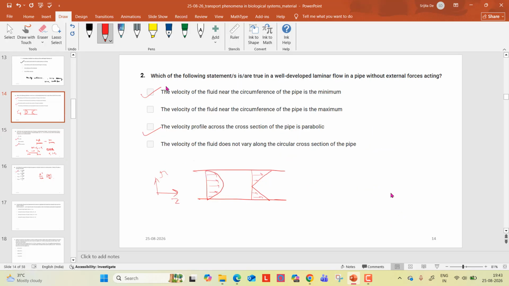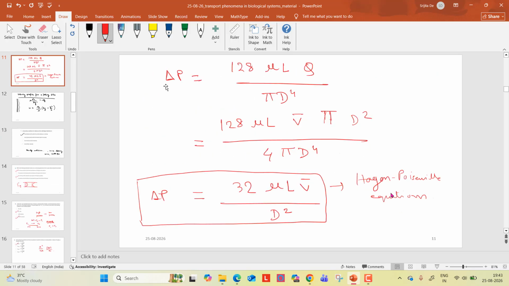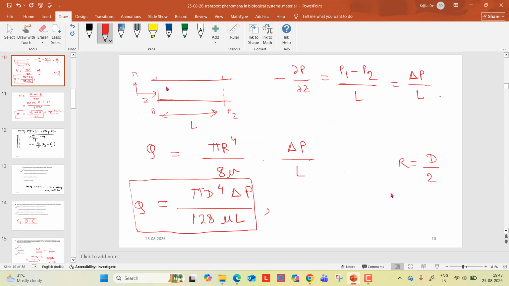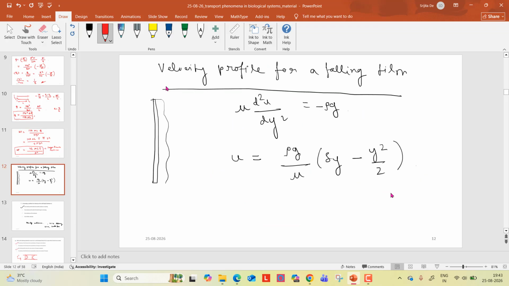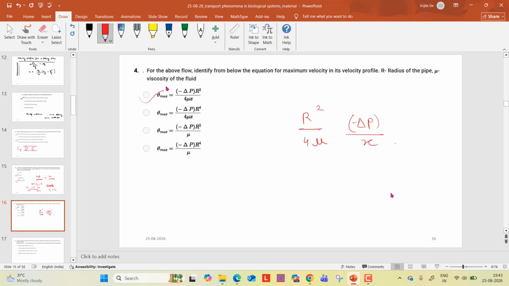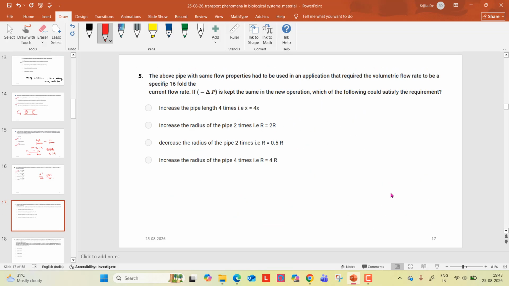So we have to know the expression of Q. So Q, we know it is pi r to the power 4 by 8 mu into pressure drop. Okay, del P. So delta P is constant.